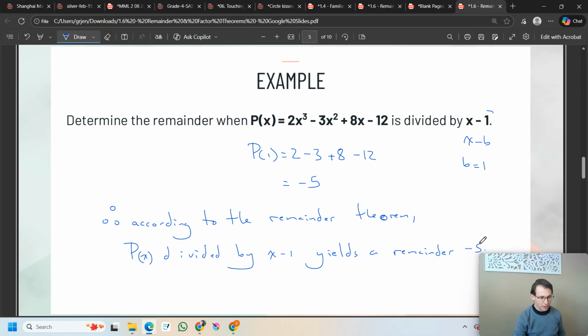Okay, and so that is what a solution would look like.